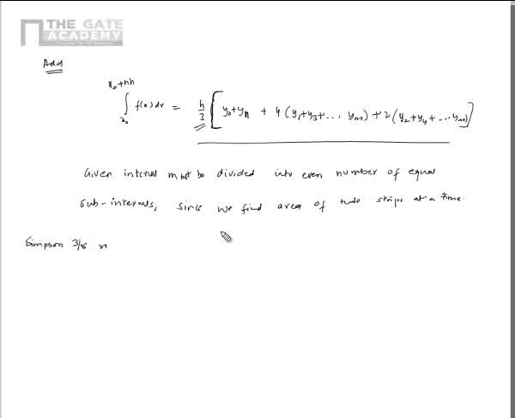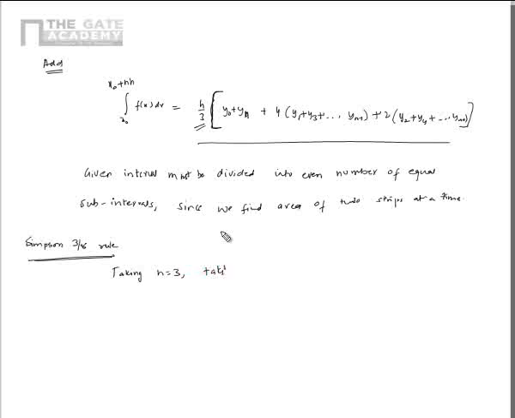Now the Simpson 3/8 rule. Well, this is just an extension of the one third rule. So instead of taking two strips at a time and forming a parabola, we'll now take 3 strips at a time and form a polynomial of order 3.